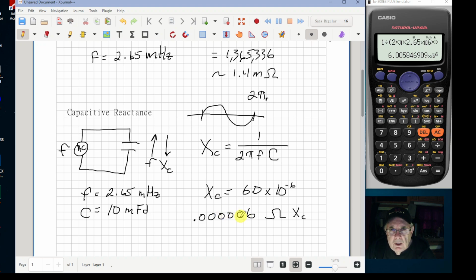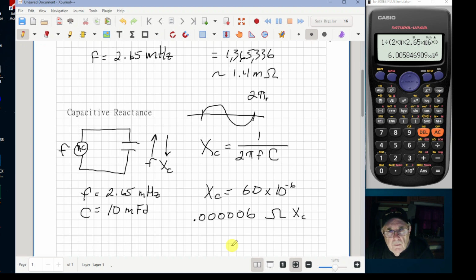So pretty much up in the megahertz, while this thing offers some reactance, it's not much. The higher the frequency goes, the less the reactance is. It drops to where it just pretty much looks like a short.